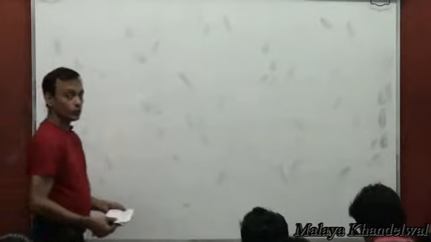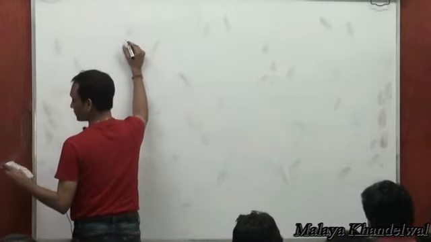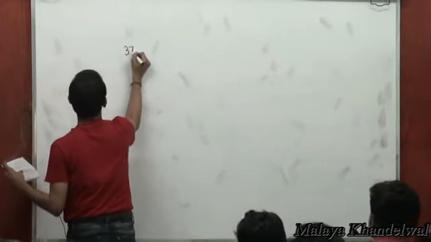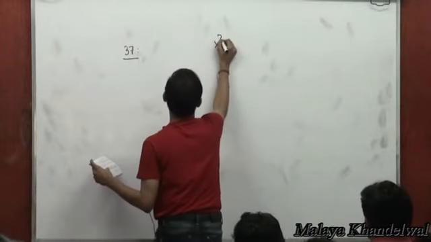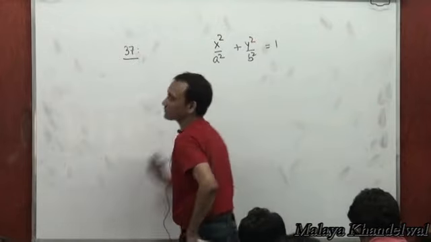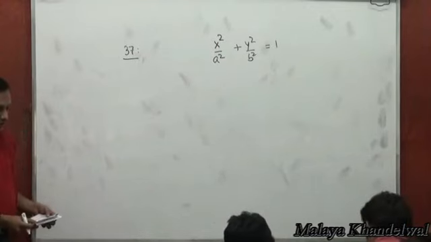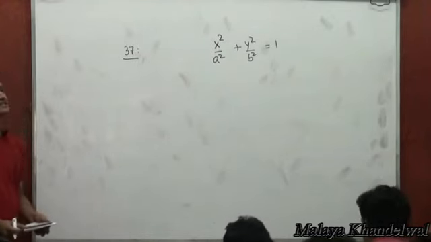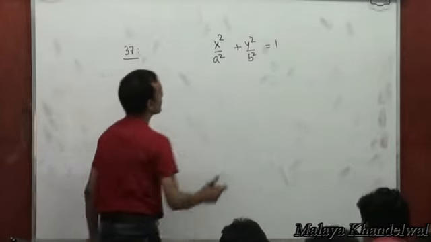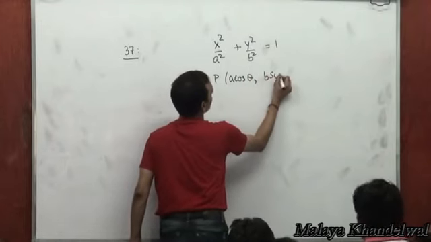If the normal at point P of the ellipse meets the axes in R and S, we have an ellipse x squared by a squared plus y squared by b squared equal to 1. That's the ellipse, and the normal at a certain point P meets the x and the y axis in R and S. Let me say the point P is a cos theta, b sin theta.